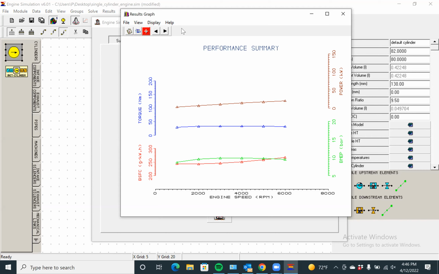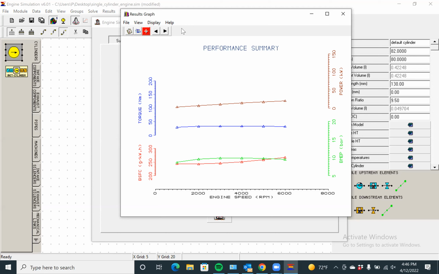Then on the right hand side, there is another important parameter that is used for design, which is BMEP. BMEP is called brake mean effective pressure. As the suction, compression, expansion, exhaust strokes are completed, the pressure inside the cylinder fluctuates.